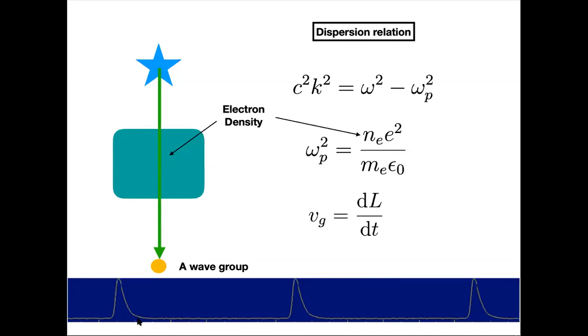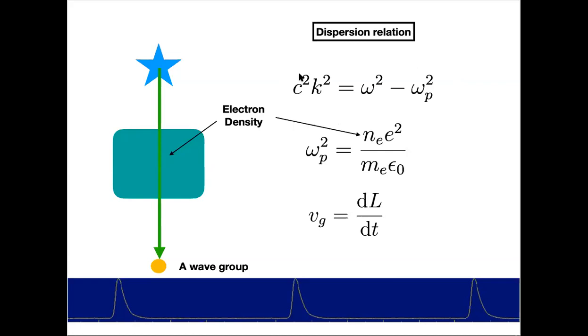How to understand this? To understand this, we have to look at a little bit of plasma physics. We are not going into plasma physics. We will just carry this dispersion relation which comes out of plasma physics. What does this dispersion relation tell you?